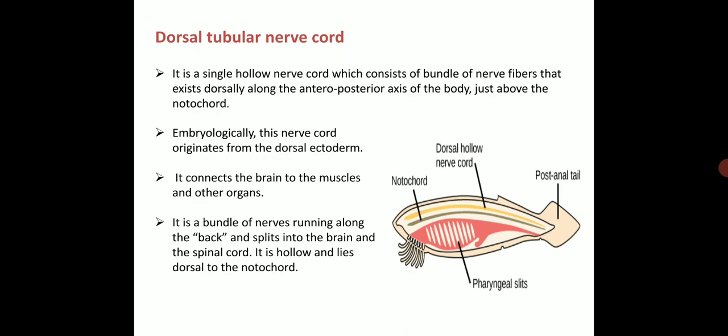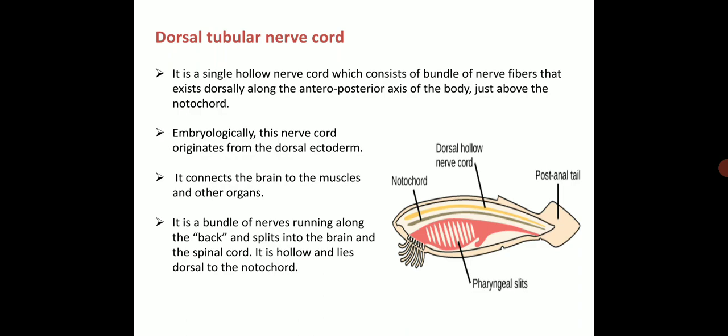Second one, the dorsal tubular nerve cord. It is a single hollow nerve cord consisting of a bundle of nerve fibers that exists dorsally along the anterior-posterior axis of the body, just above the notochord. Embryologically, it originates from the dorsal ectoderm, the outermost layer.